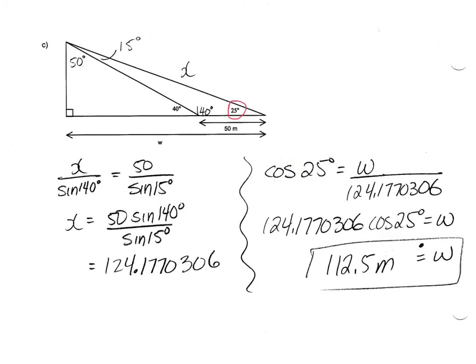These questions take a lot of practice to be able to see what you need to do and in what order. So when you look at these, there's 3 triangles that you can work with, and you need to figure out what's my last one. Well, your last one's probably the one that has your unknown, so that's going to be W in this case. So that's the large right triangle. And then you're probably going to be working with this right triangle or this obtuse triangle.